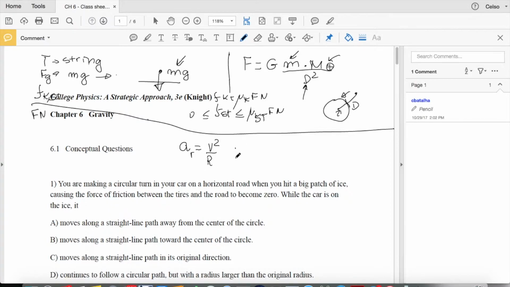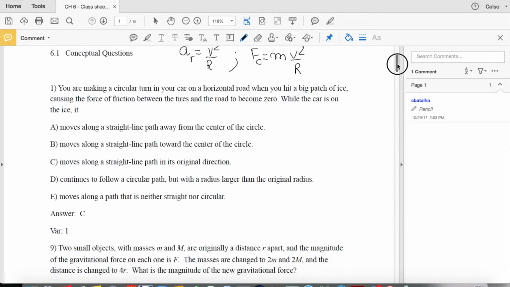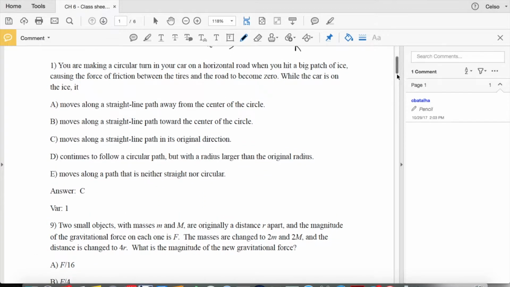And a centripetal acceleration raises immediately the notion of centripetal force, which is given by the mass that is subjected to rotation times v squared over r. So let's see how these concepts come about in some problems. Let's try to get some problems going.